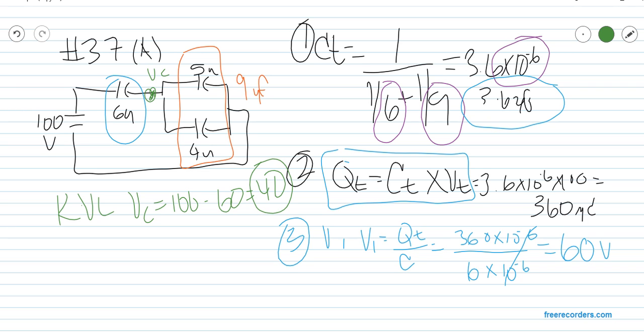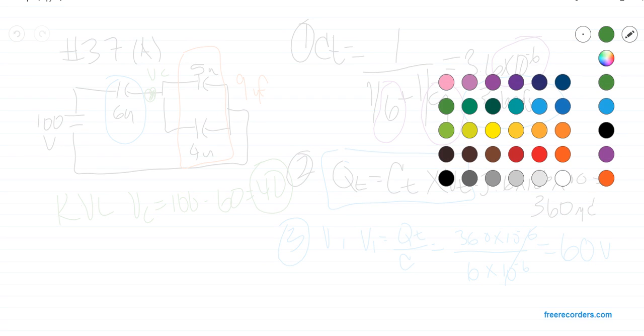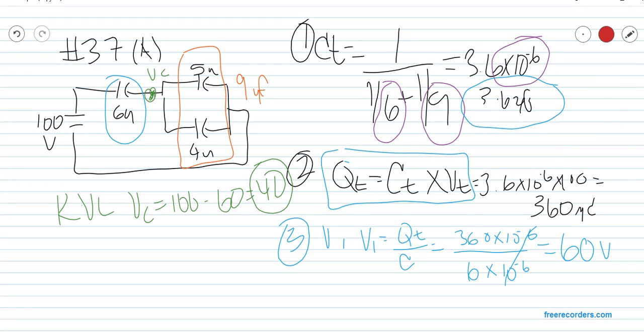So that's our check once we do this. Now remember that any components in a circuit that are in parallel with each other, which these two are here, the voltage VC would be seen by this one and this one. They both have the same voltage.